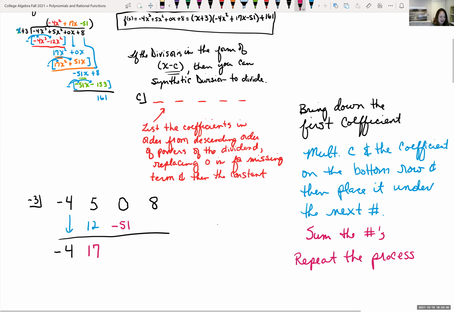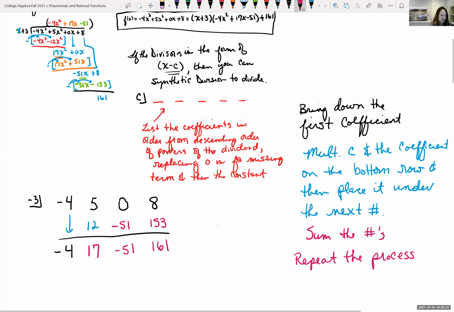Sum this up. So we have 0 plus -51. This is -51. Multiply by our C. So -3 times -51, that gives me 153. Sum this up. 8 plus 153 is 161.